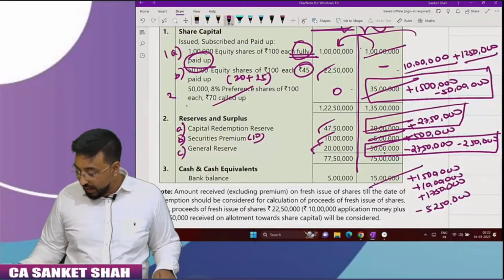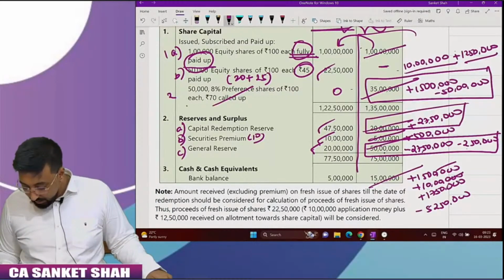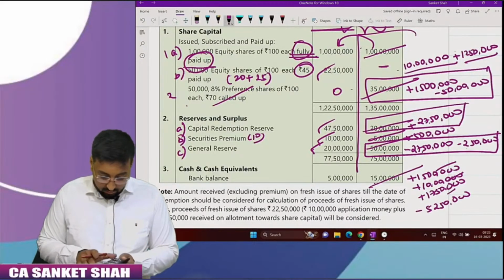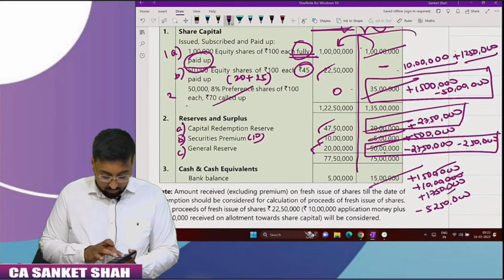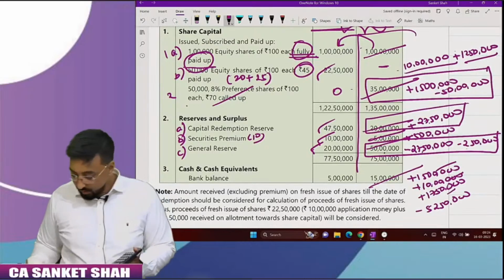And 15 lakhs plus 15 lakhs 30 plus 10, 40 plus 17,50,000 minus 52,50,000, yes, 5 lakhs.